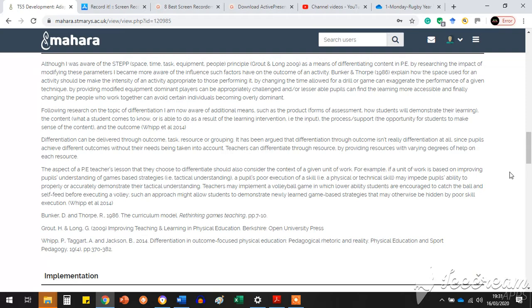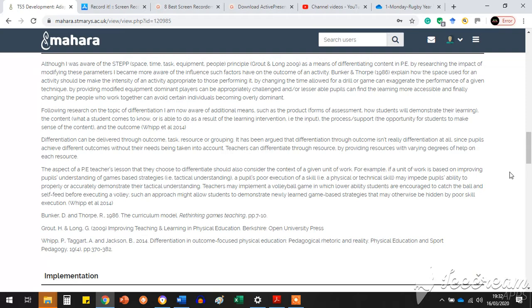I found out more about how modifying each of those specific principles will impact the subsequent game. For example, Bunker and Thorpe explained how manipulating space often results in an increase or a decrease in the intensity of the activity. By changing the time, you can exaggerate the performance of a given technique, so you might be able to highlight something specifically that you're working on.